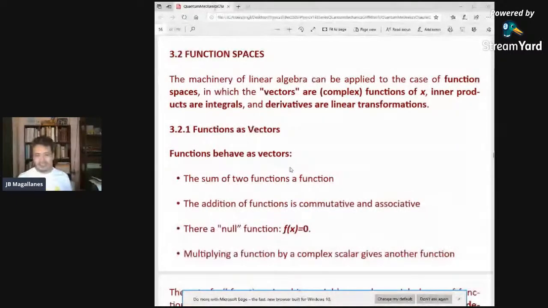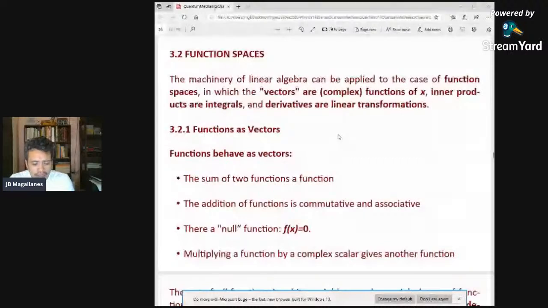Next meeting, we will be discussing function spaces. Function spaces are different kinds of vectors. These are polynomials.